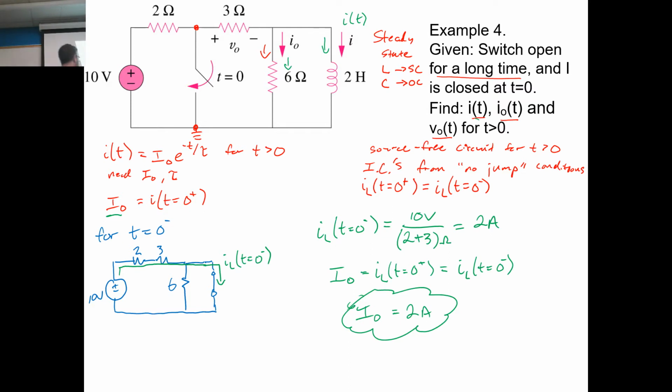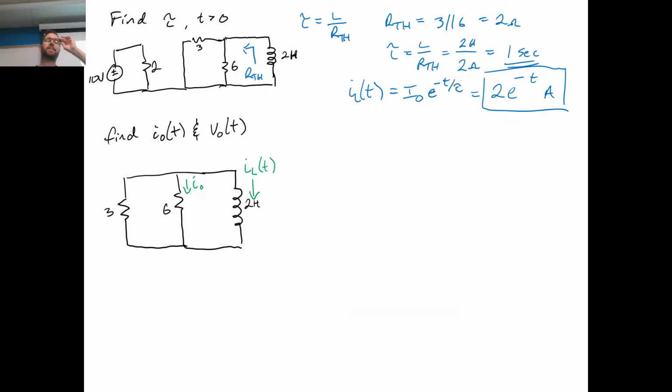When we did our diagrams in the lower left corner, we looked at coming out of the 10-volt source and then down through the inductor, in a downwards fashion. So 2 amps is flowing downward, and it's dropping off as time goes on. Tau is 1 second, so at 1 second it's going to be about 37% of that initial 2 amps.